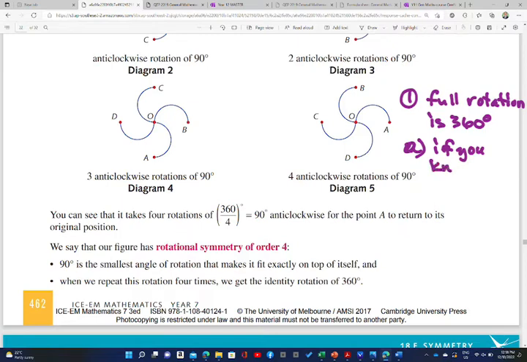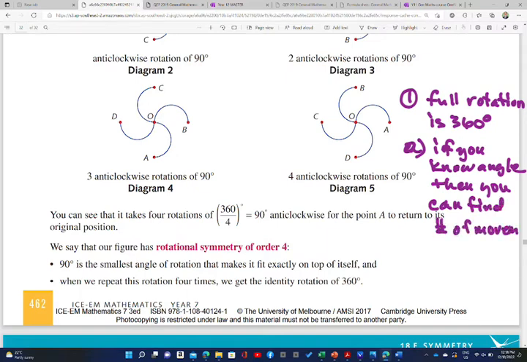If you know the angle, then you can find the number of movements. In other words, the number of times you would have to rotate it at that angle to get a complete rotation.